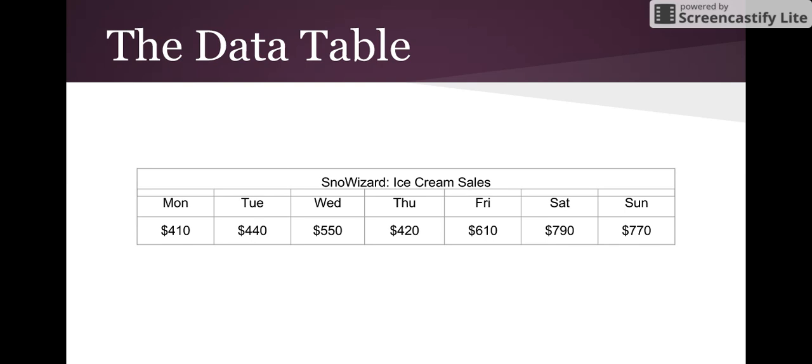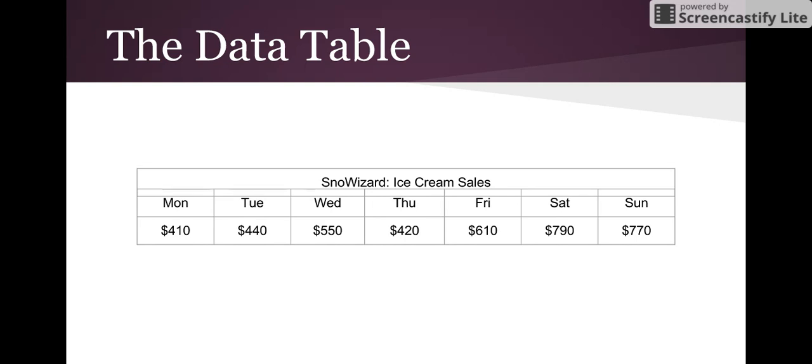Okay. The data table, whatever your pronunciation, it's okay as long as we know the definition. Anybody ever been to a Snow Wizard? Do you like ice cream cones? Do you like snow cones? Well, today, students, we will be studying Snow Wizard's ice cream sales.